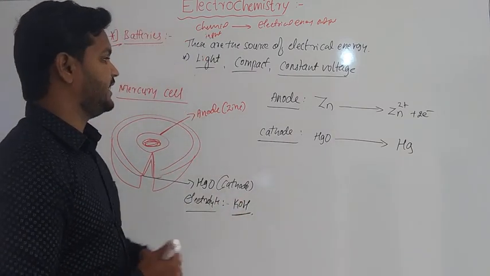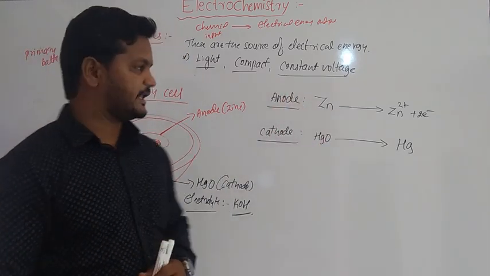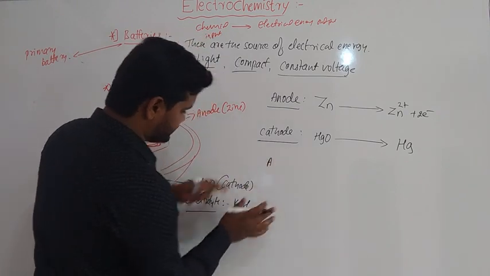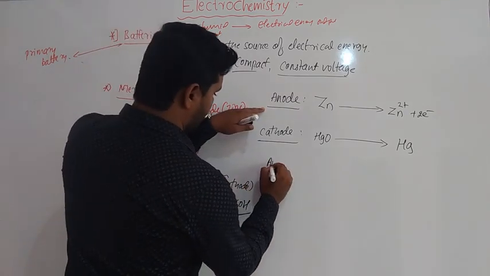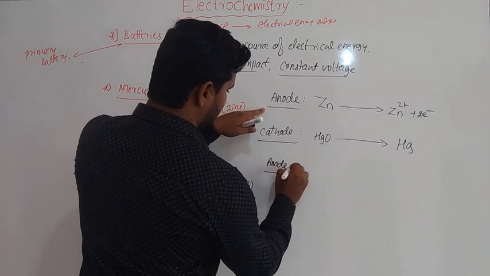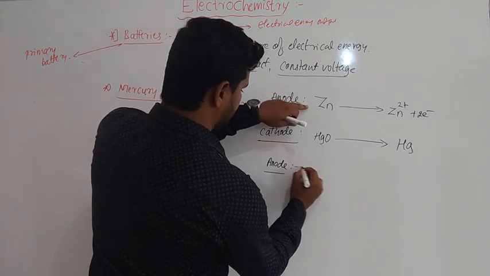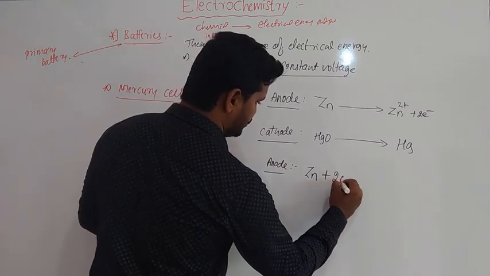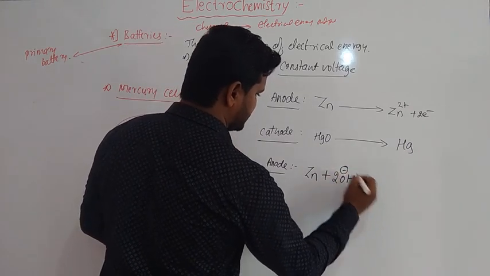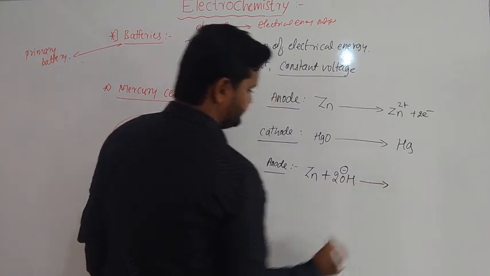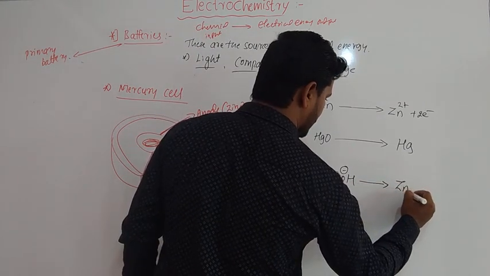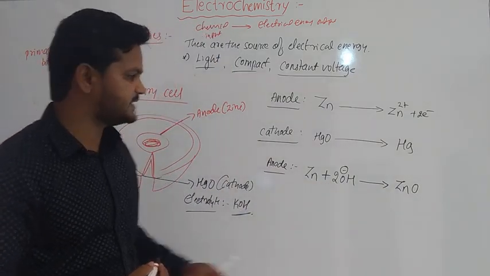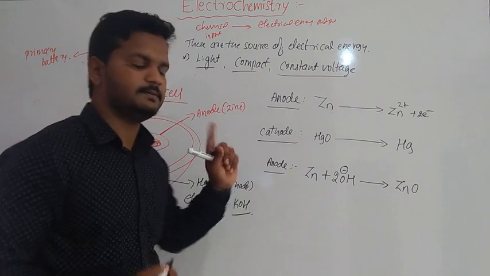By using this, we can rewrite the anode and the cathode reactions. Like the first one, anode, in this reaction we are going to use the electrolyte. Anode oxidation reaction takes place. Here Zn plus electrolyte, that is 2OH-, gives rise to ZnO, because here in anode oxidation reaction takes place, addition of oxygen to the zinc.